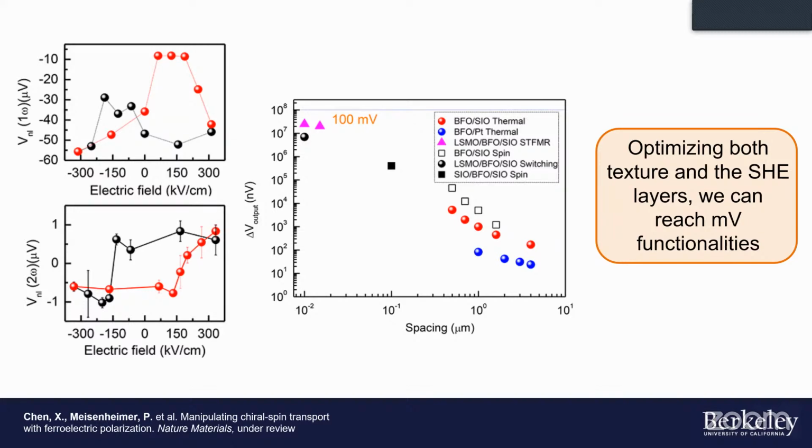This switching also happens because of, we think, the chirality of the cycloid. So if we have our zigzags to the left and we have our zigzags to the right, that ostensibly looks like the same magnetic texture when viewed from the top.